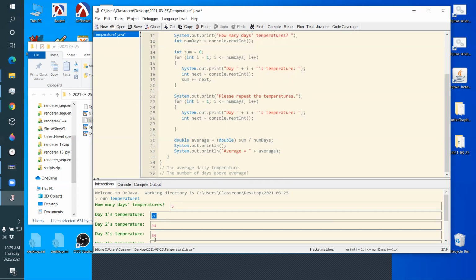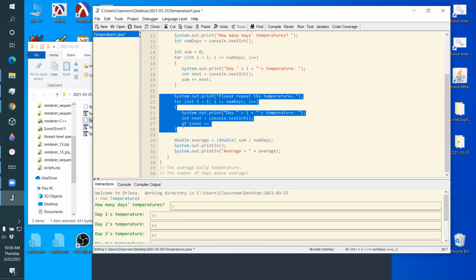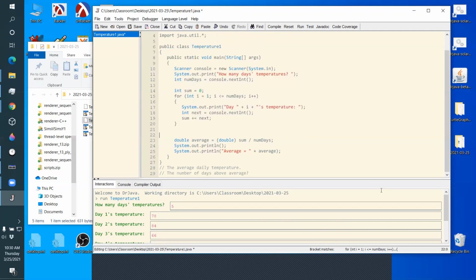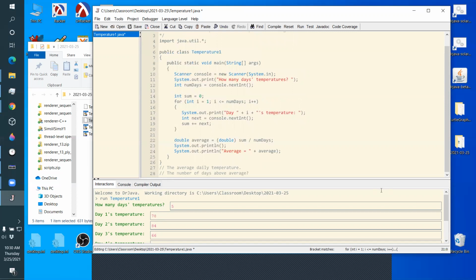You check if it's more or less than the average. I have to ask if next was greater than or equal to the average. Oh, I have to put this loop after I've computed the average. So I have to move it. So I'll put it after I've computed the average.